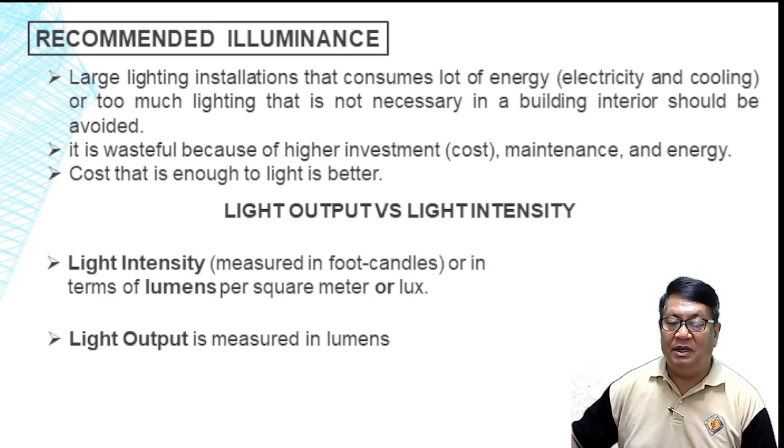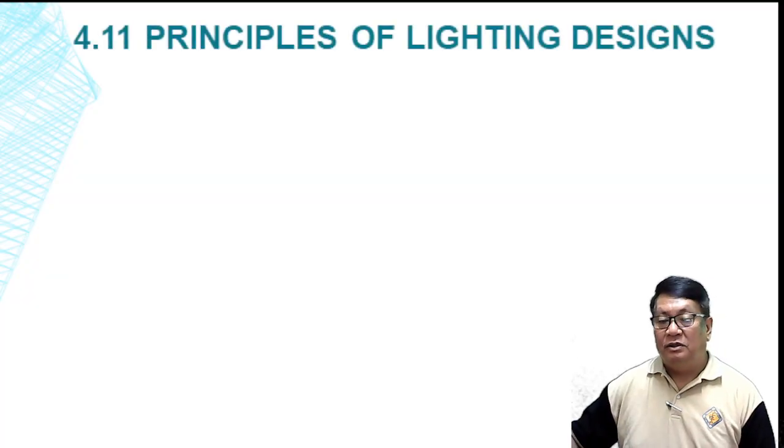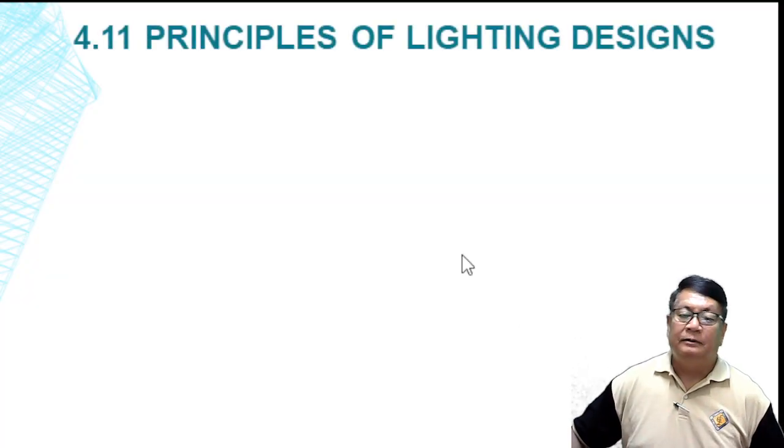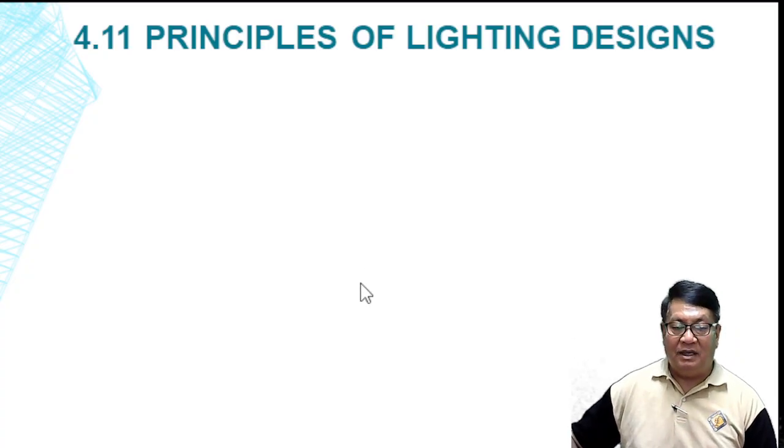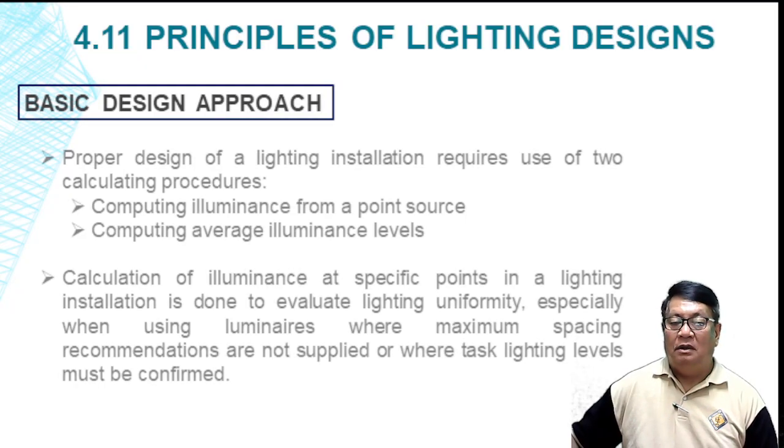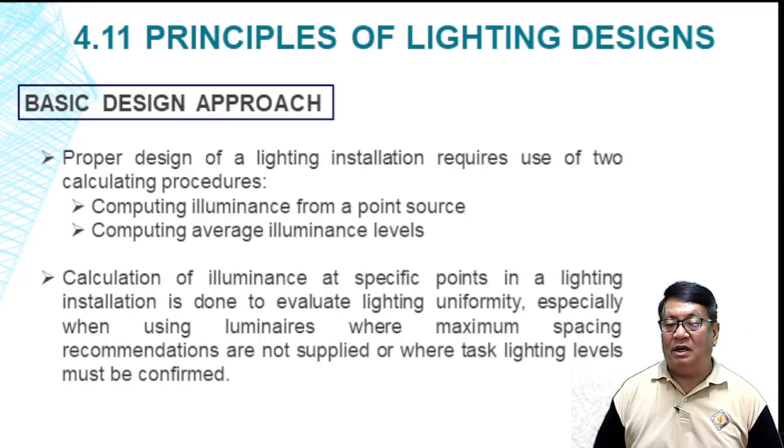So we have this light intensity measured in foot-candles or in terms of lumens per square meter, or lux. Okay, so we have this subtitle 4.11, Principles of Lighting Design. Okay, so we have this basic design approach. Okay, the proper design of a lighting installation requires the use of 2 calculation procedures: computing illuminance from a point source or computing average illumination levels.